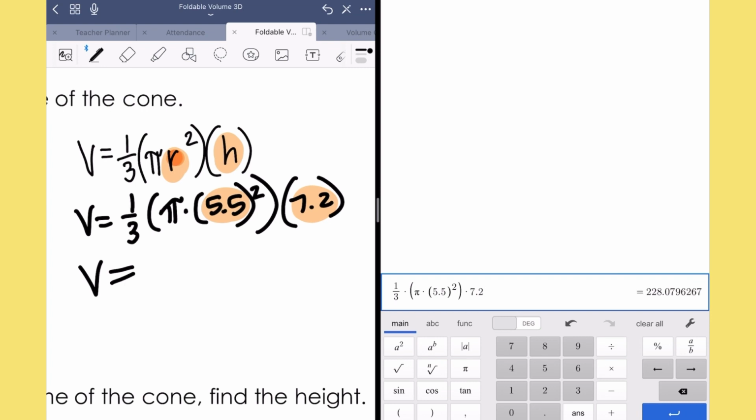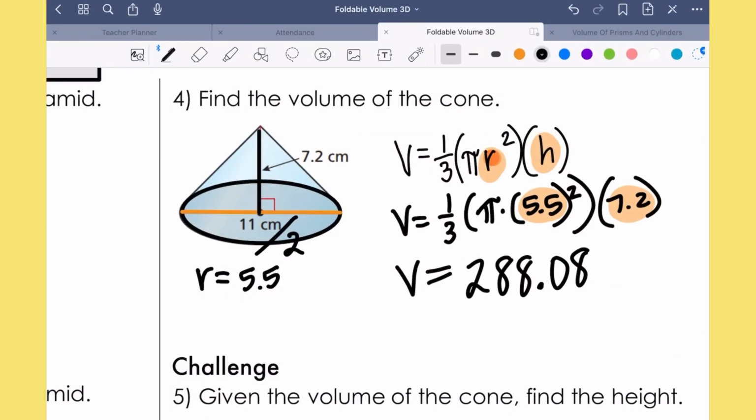And we're going to round to the hundredths. So that's going to be 288.08. Okay, and that's centimeters cubed.